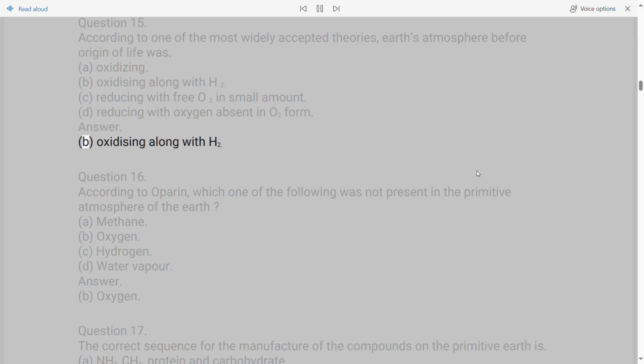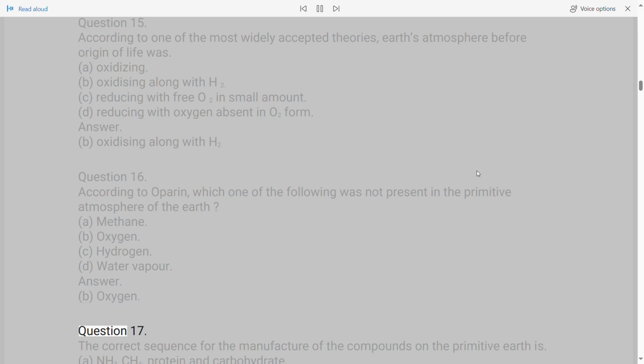B. Oxidizing along with H2. Question 16. According to Oparin, which one of the following was not present in the primitive atmosphere of the Earth? A. Methane. B. Oxygen. C. Hydrogen. D. Water vapor. Answer. B. Oxygen.